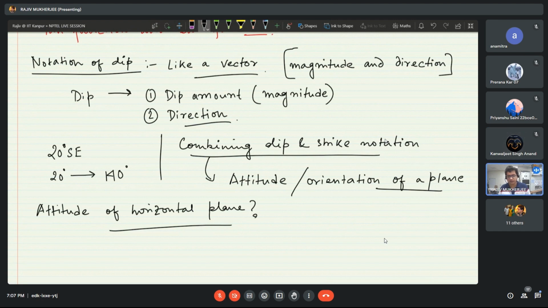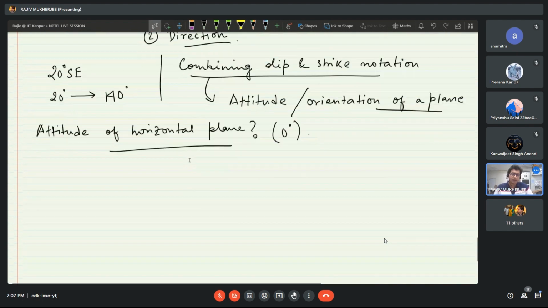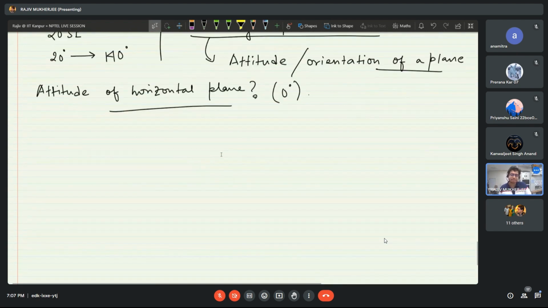Exactly, so we will simply write 0 degree, since it is horizontal, it doesn't have any direction, and the inclination is zero. So simply write zero, because there is nothing to write about direction. Okay.